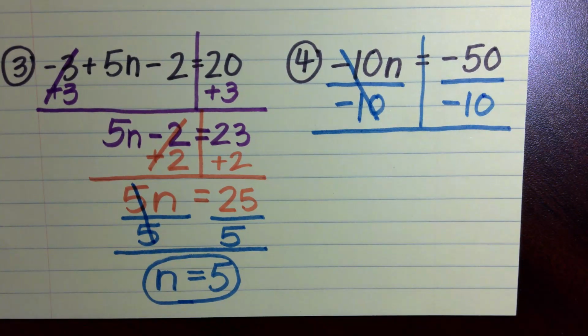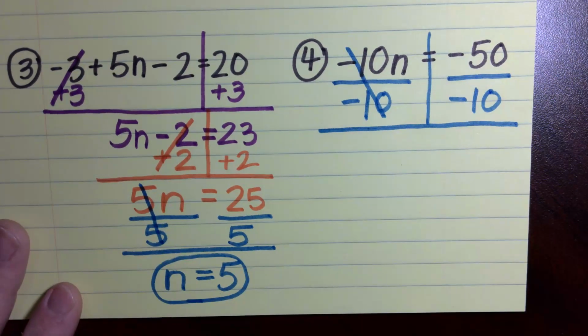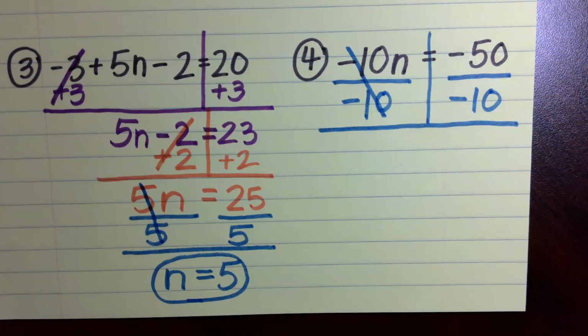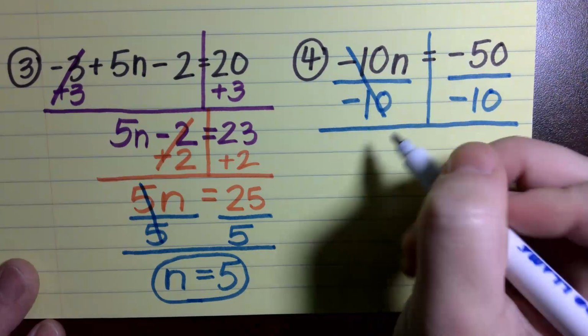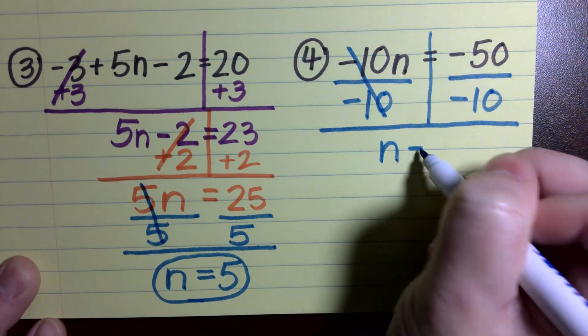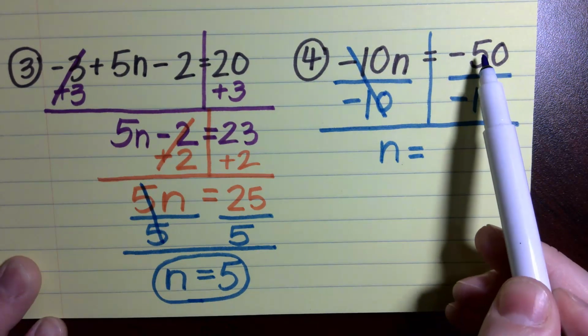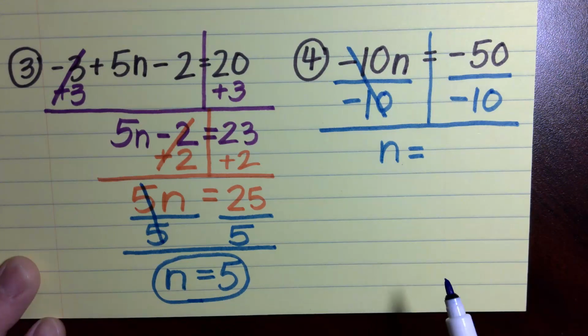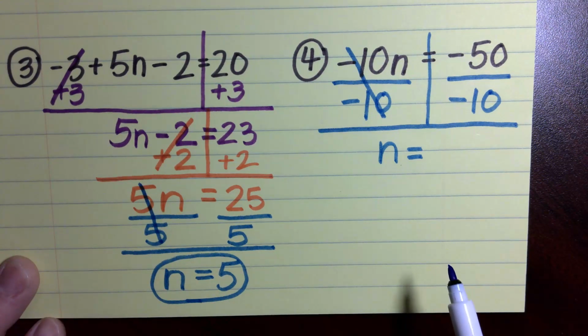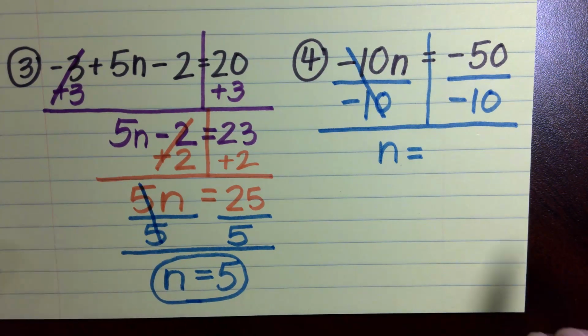Okay, what do I do next? Cross the 10. Yes, my -10s cancel. Bring the n down. Yes, let's bring our n down. That means it's by itself. And what is -50 divided by -10? Positive 5. Yes, +5.